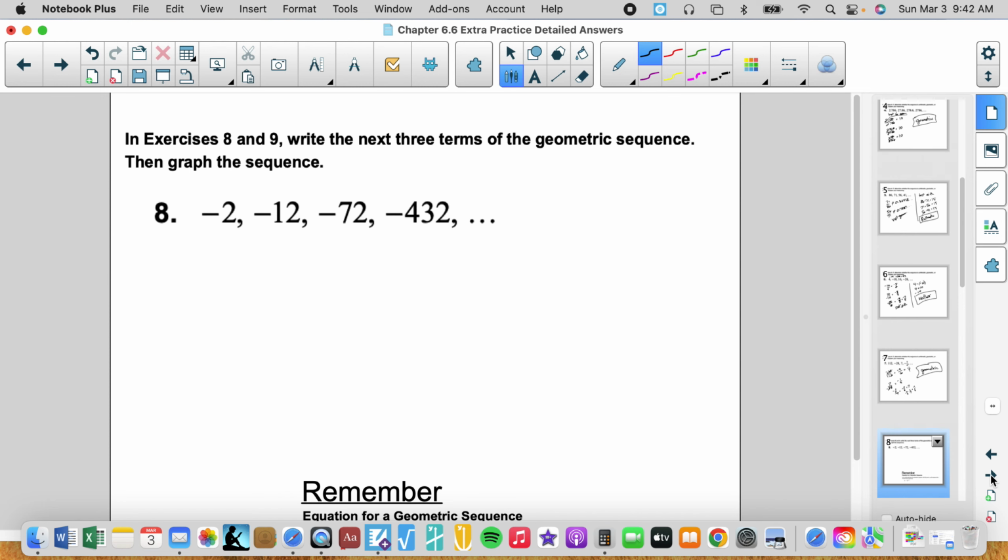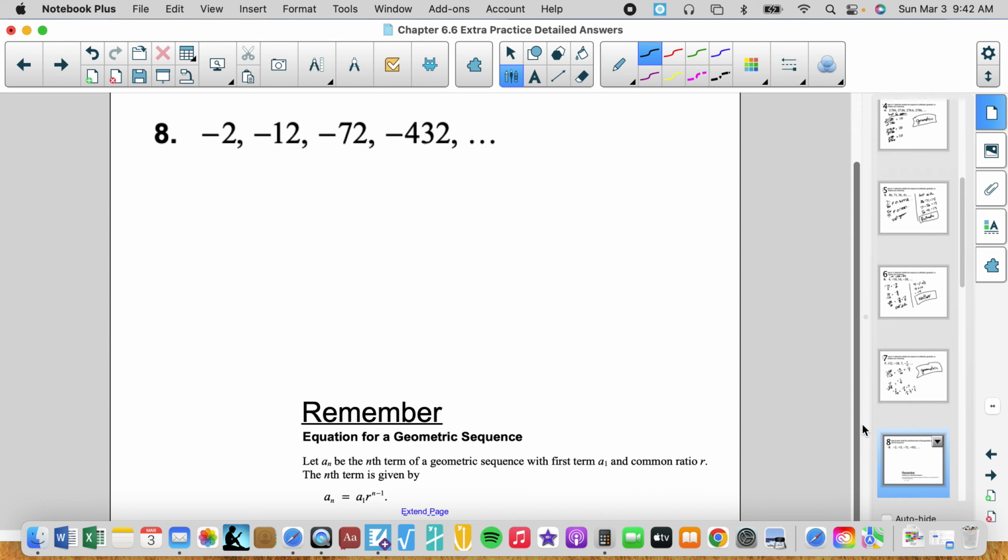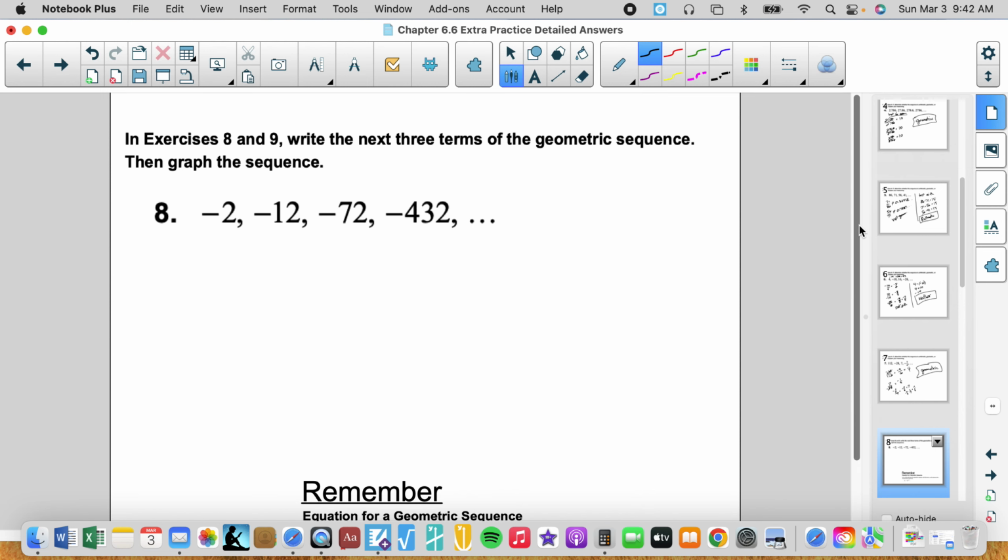Here's the formula we can remember: a sub n equals a sub 1 times the ratio to the n minus 1. For the next three terms, we don't have to do that, but this will be important.